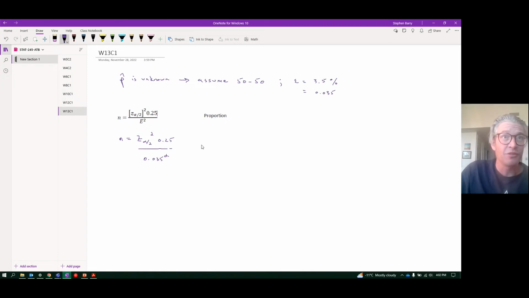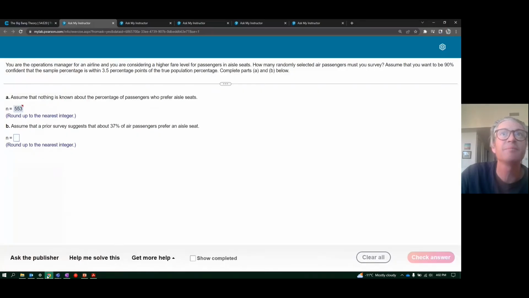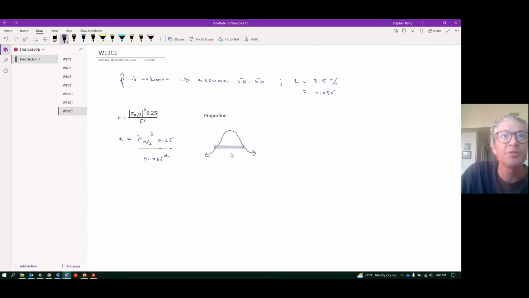And now we need our Z alpha over 2. So the best bet with these is always to kind of do a little sketch. I believe it said 90%. Yeah, 90% confident means that you want the middle 90, right? So I'm interested in this Z score here. Another way of handling it is to go like this. Well, if the confidence is that, the uncertainty is this.